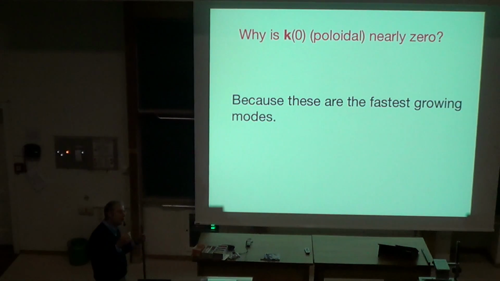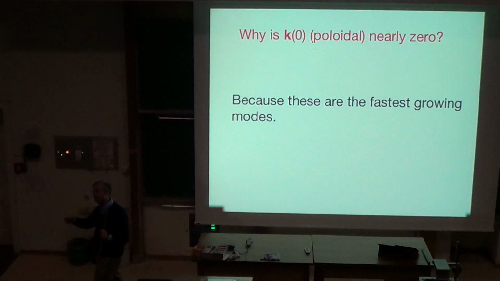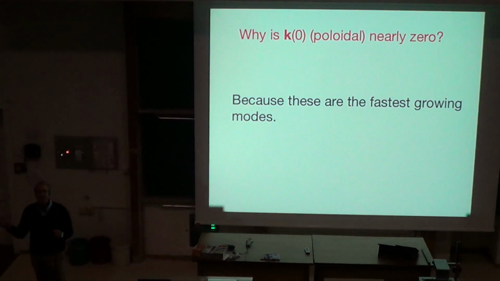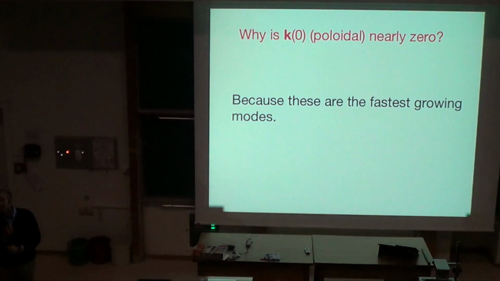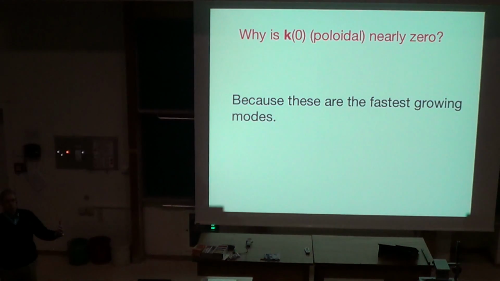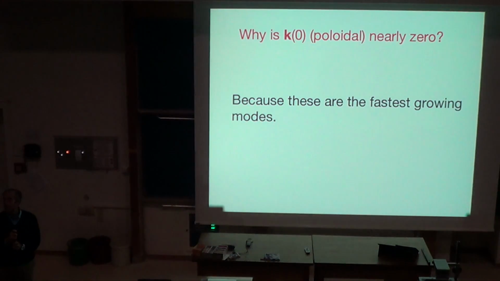The fastest growing modes in the sun, interestingly enough, was shown, and this is one of these classical results whose content has sort of been lost, shown in 1951 by Cowling that, in fact, rotation makes no difference to the nature of the fastest growing convective modes, unless you're rotating very fast.